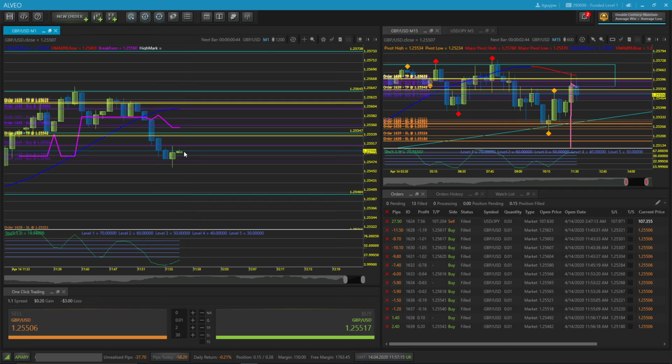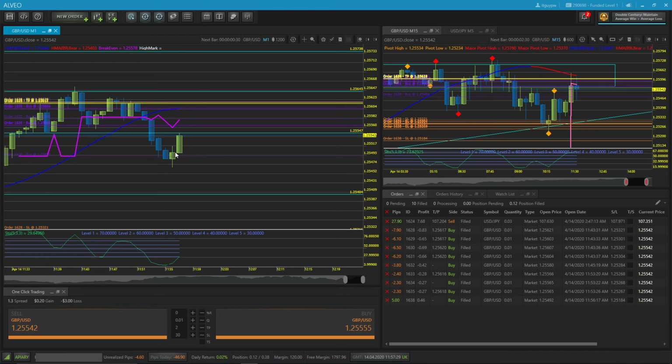This would be our confirmation candle. It went down. This came back up. So if this candle closes above the high of this candle, then it should be confirmation that we're at least going to get a little bit of a pullback here going to the upside.